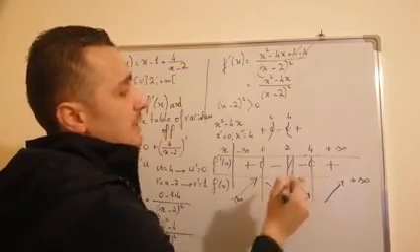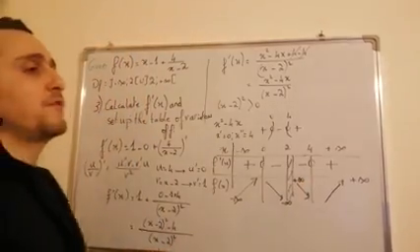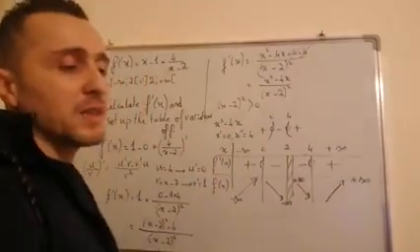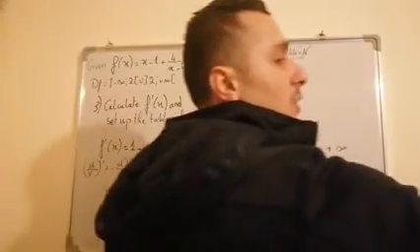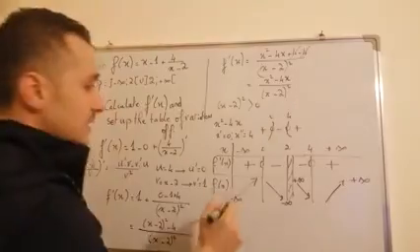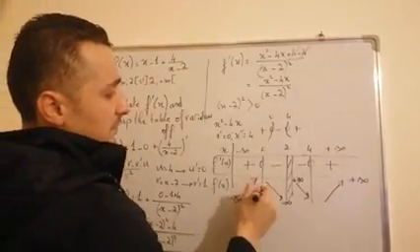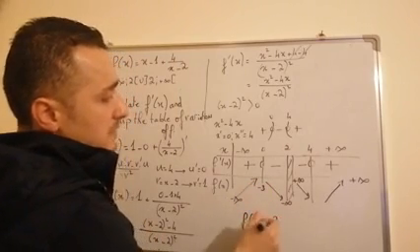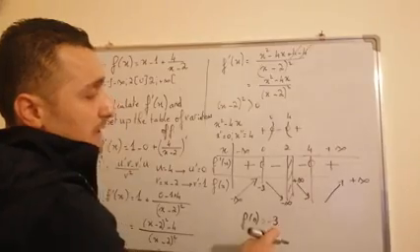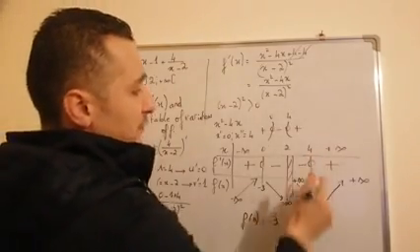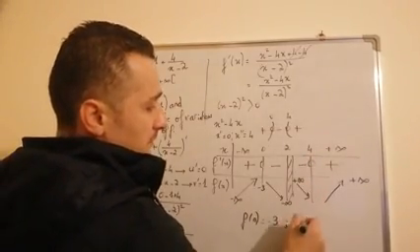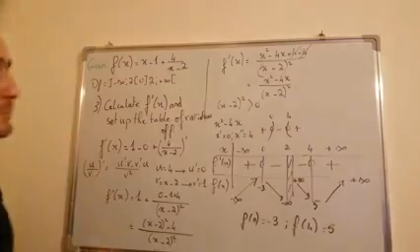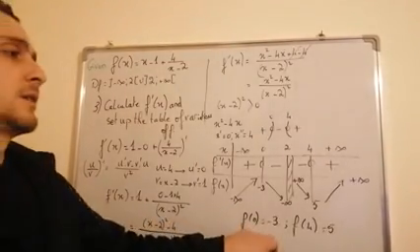After 2 it's plus infinity. f of 0, using my calculator, I can find the value of f of 0, it's minus 3. f of 0 equals minus 3 using your calculator, okay? And f of 4 equals 5, also using my calculator. Okay?